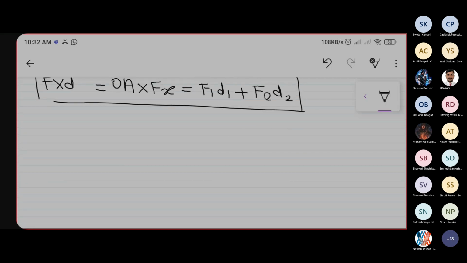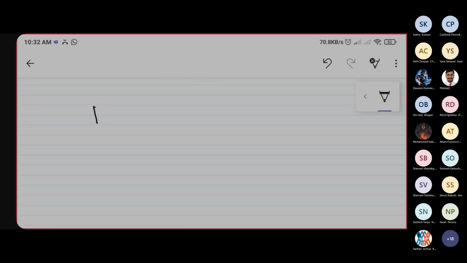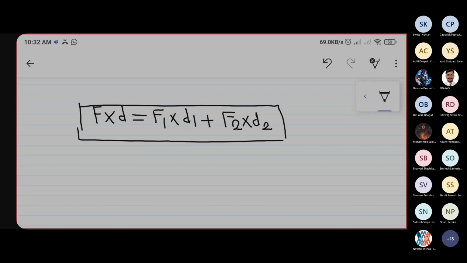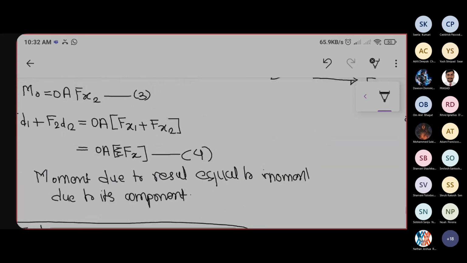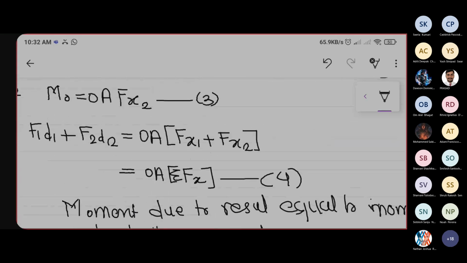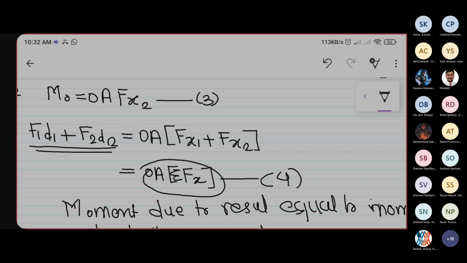So what we prove here is F into D is equal to F1 into D1 plus F2 into D2. How we prove that? I'll tell you. See, F1 D1 plus F2 D2 is equal to OA Fx.